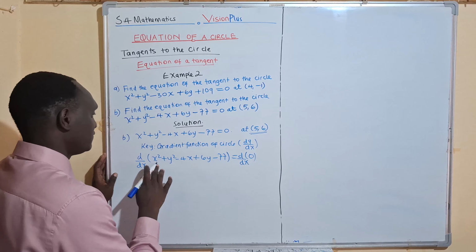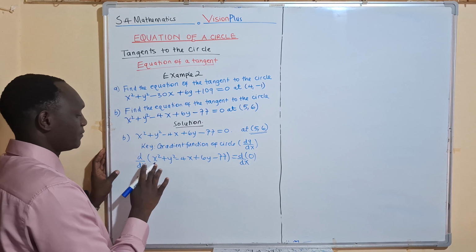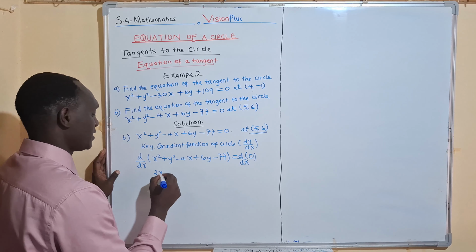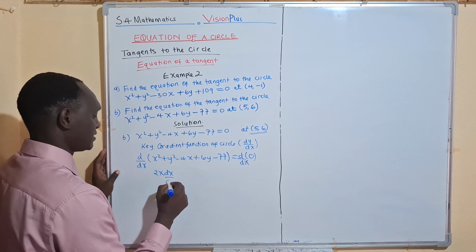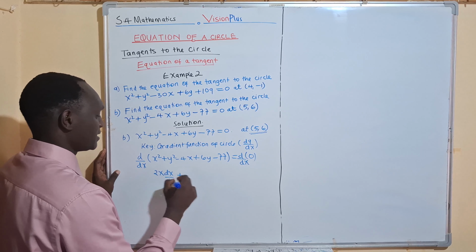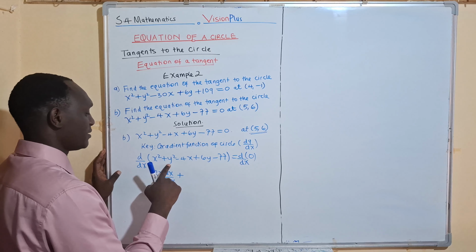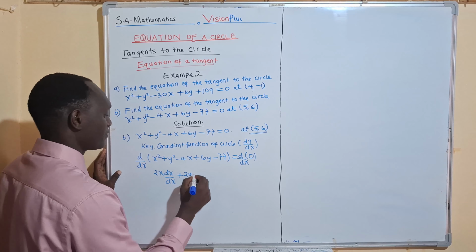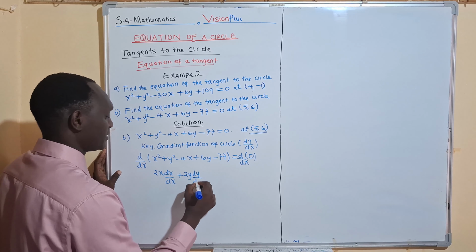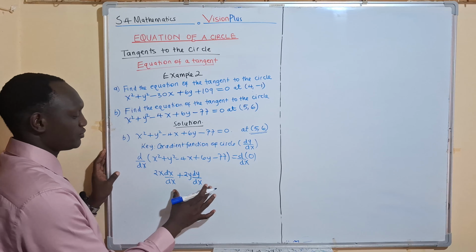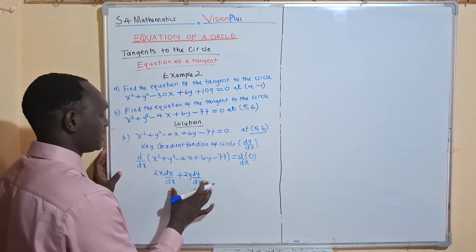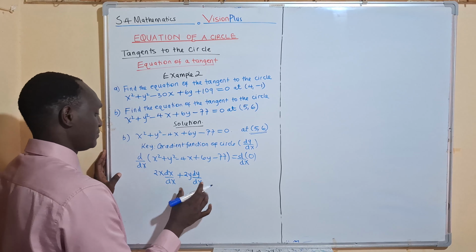So we are coming to differentiate this. If we differentiate x squared with respect to x, it gives us 2x dx/dx, plus, if we differentiate y squared with respect to x, it gives us 2y dy/dx. Remember, we are treating it as an implicit function.